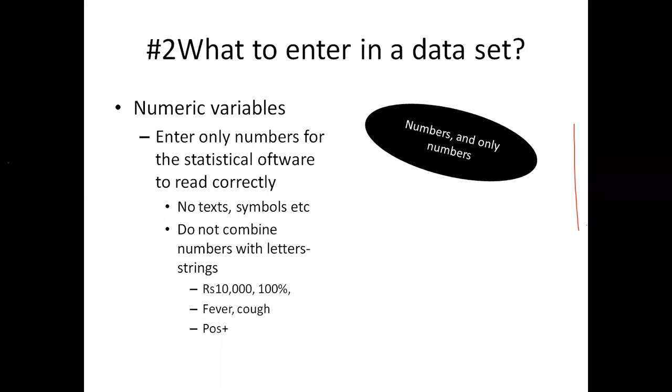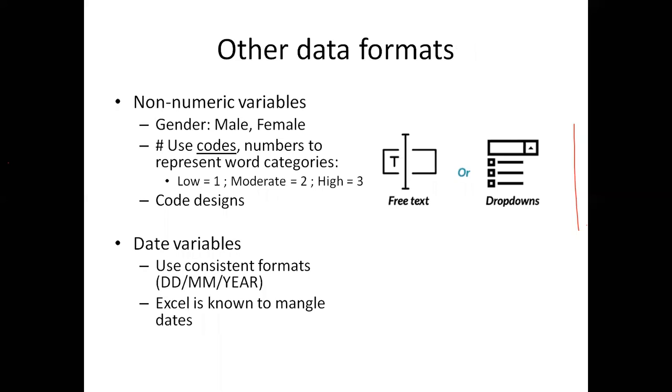That means you would remove the text. You would not have any symbols, and especially not those strings, as I showed here. If you're recording income, you would not have letters going along with the numbers, or symbols going along with numbers. You try to code whatever non-numeric variables are available. And there could be other formats as well.